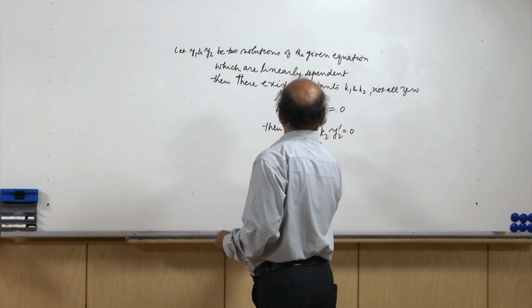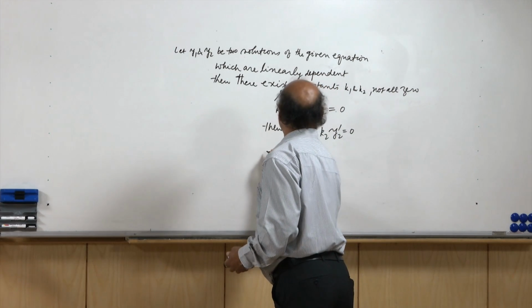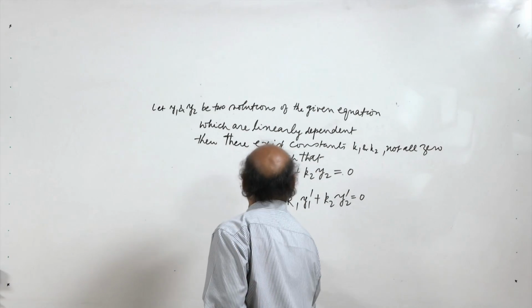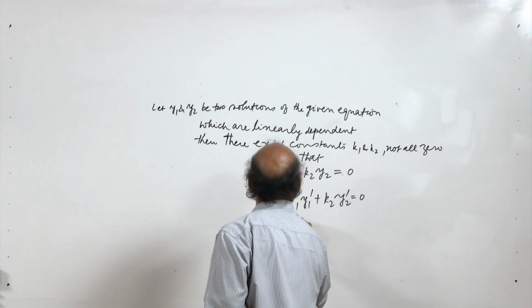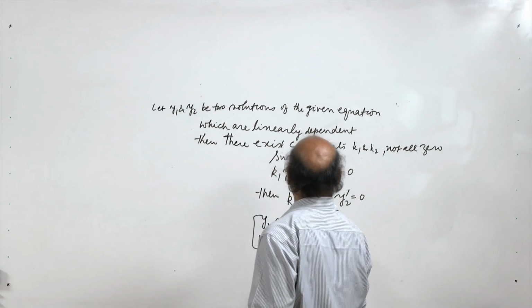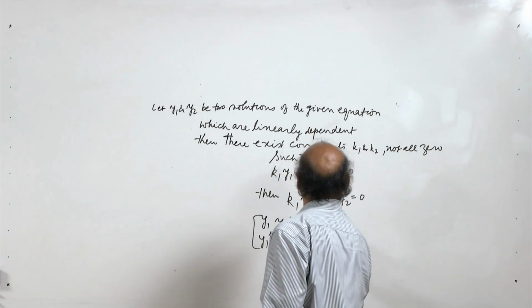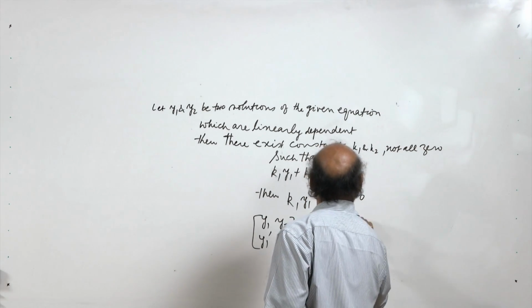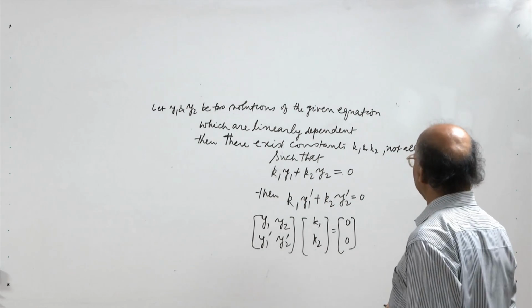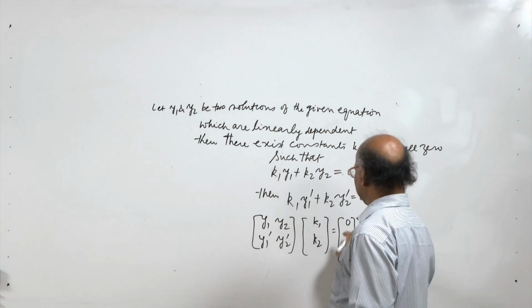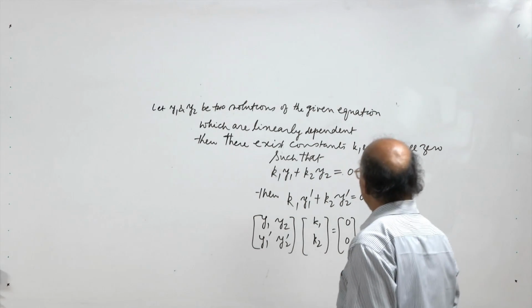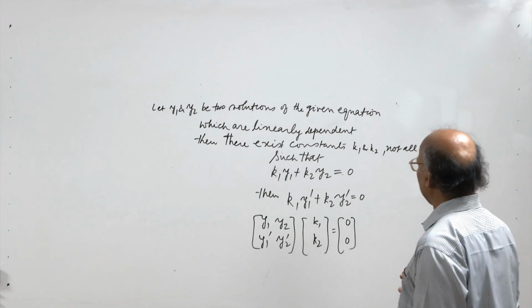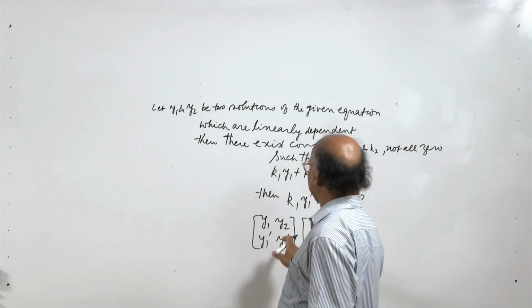So from these two equations, we have the coefficient matrix with rows y1, y2 and y1 dash, y2 dash, multiplied by K1, K2. This is a homogeneous system of linear equations where K1 and K2 are not both 0, therefore the determinant of this matrix must be 0.